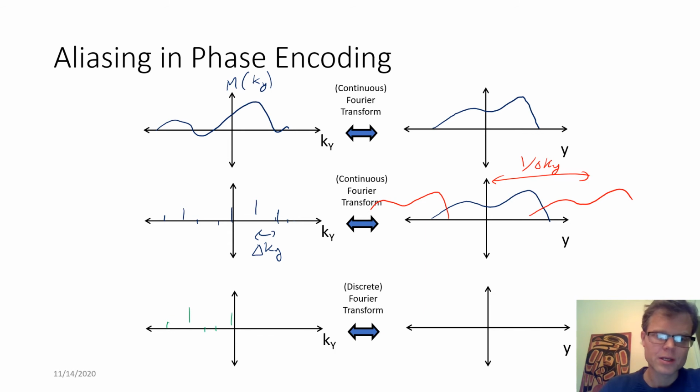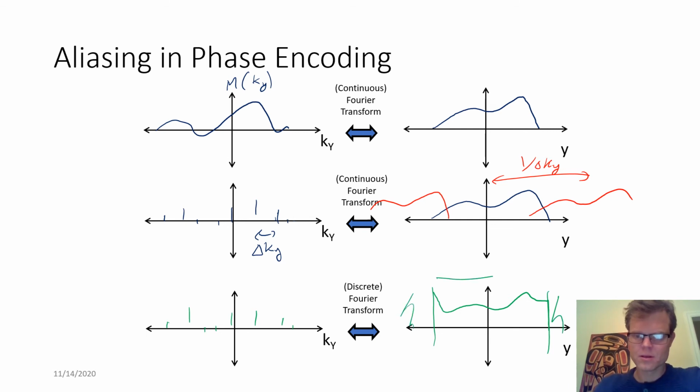So what we're going to get in our image is this aliased image. If I can draw it, something like that.